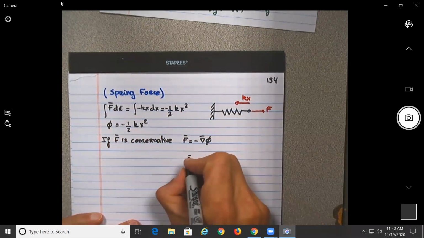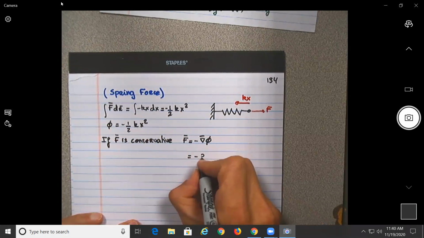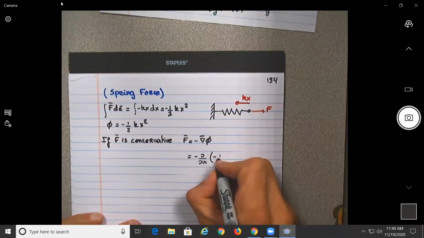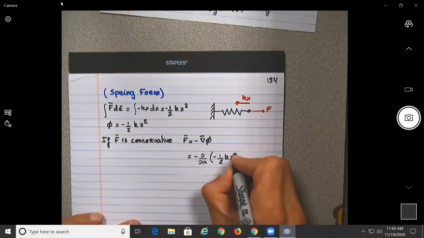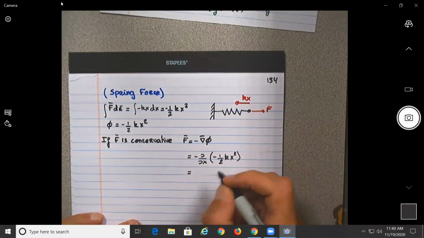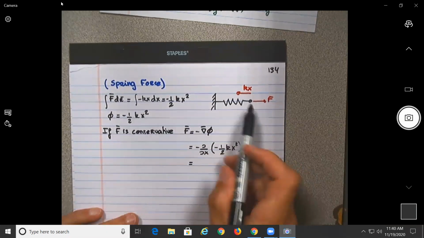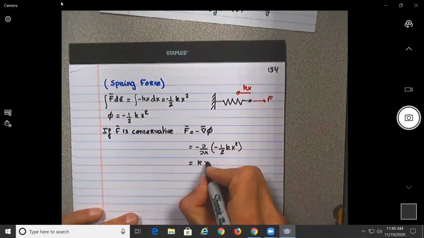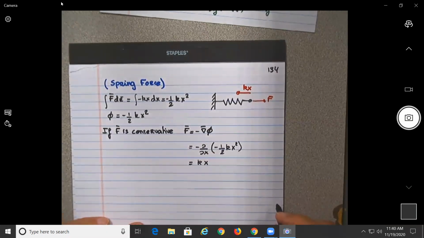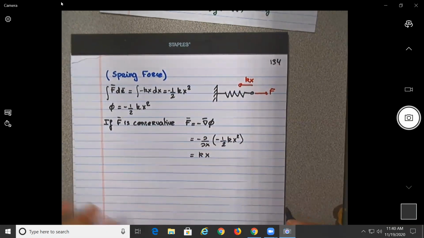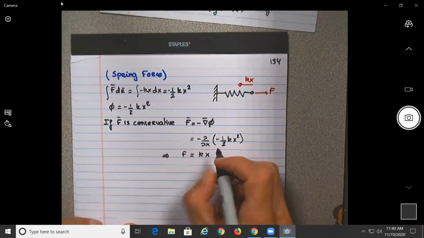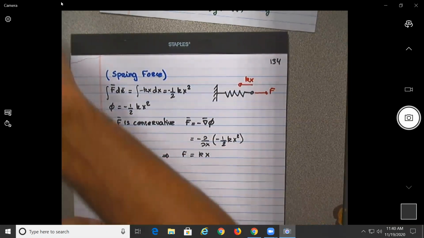And this would just give minus partial x of minus 1/2 kx squared. We should get what? The expression for the value of the force, that is kx, no? Which is the force of the spring.